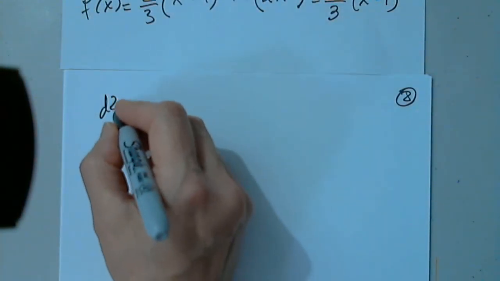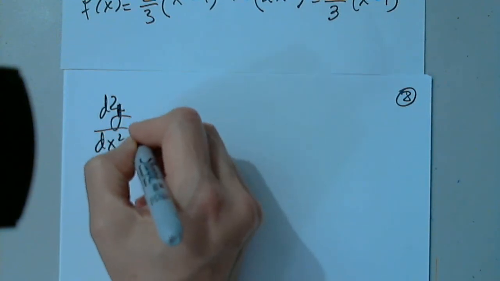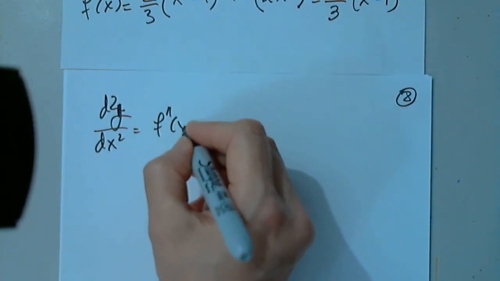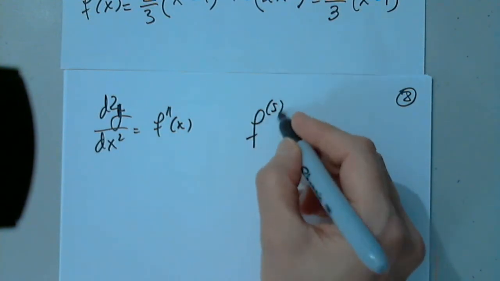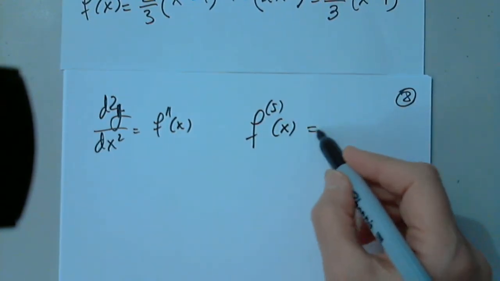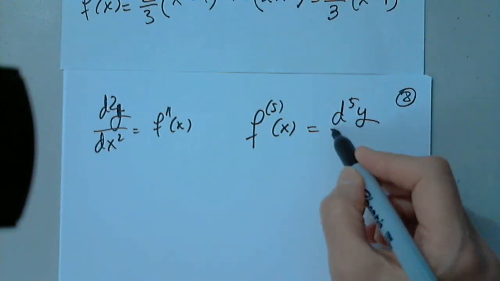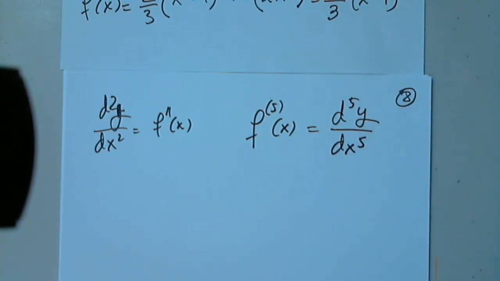So d2y over dx2, we know it's the second derivative. But after a while we use this notation, which will be d5y over dx5.